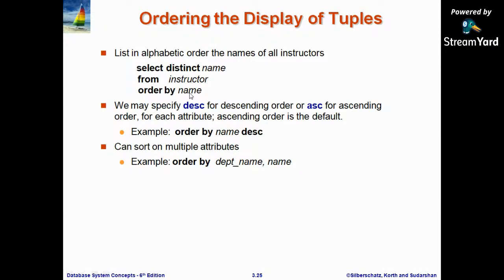It is going to display your names in ascending order. The ascending order is the default order. If you want your names in descending order, you have to use the keyword DESC. Ascending is the default, but descending has to be specified.